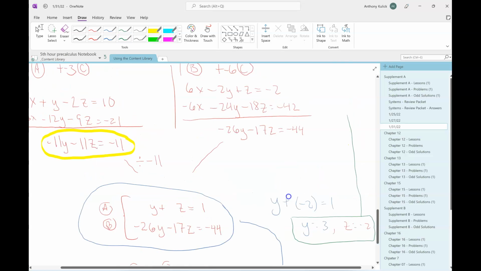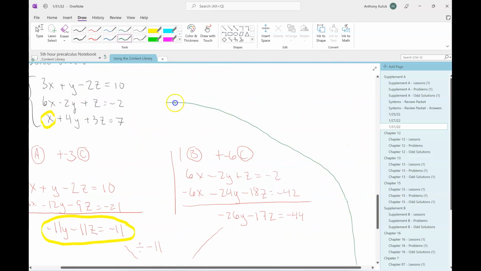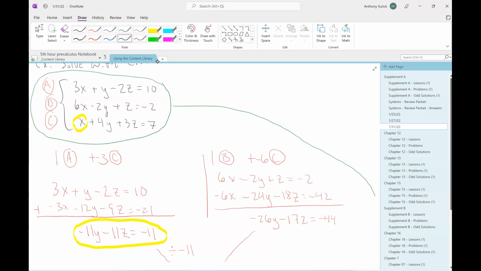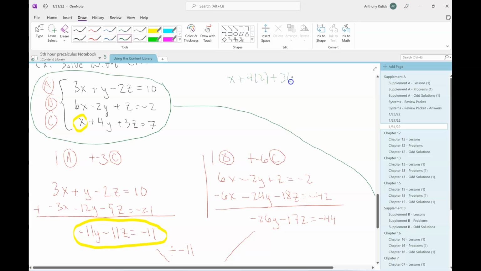Plug it back into one of the three variable equations. Again, I feel like you'd be crazy to pick anything other than equation C to plug that into. But it'll work, you know. It doesn't matter which one you plug them into.